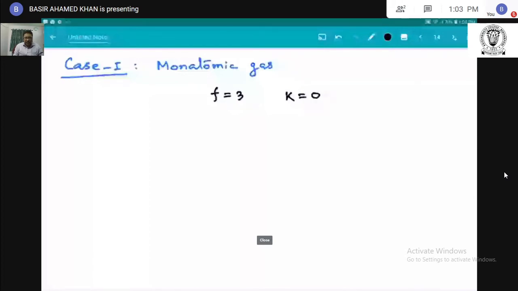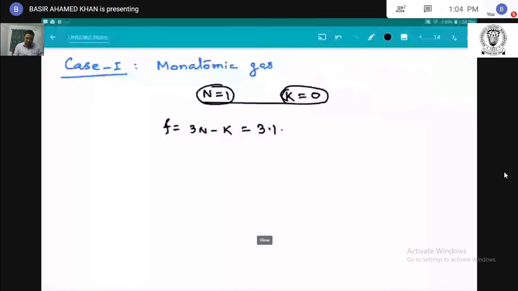So the degrees of freedom F equals 3n minus k. Here n equals 1. Monatomic gas, n equals number of gas molecules equals 1, constant k equals 0. That means degrees of freedom equals 3 into 1 minus 0, that means 3.